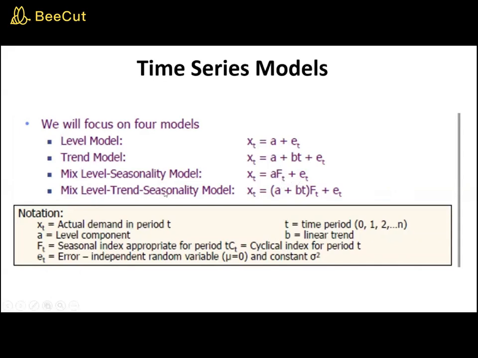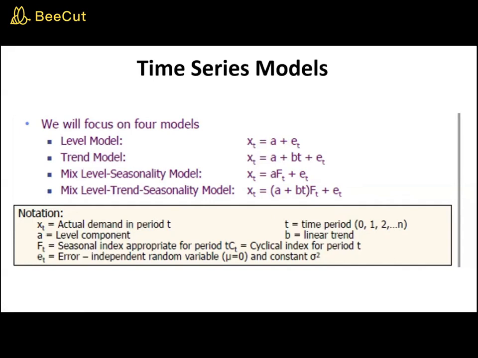Sometimes there's a mixed level trend seasonality, which basically means an increase and decrease happening on an upward trend. It could also be an increase or decrease happening on a downward trend. In that case, this is the equation. Again, I do not expect you to know this by heart, and the seasonality bit you will not be examined on, but it is important for you to understand that when you introduce seasonality, the forecasting method changes.